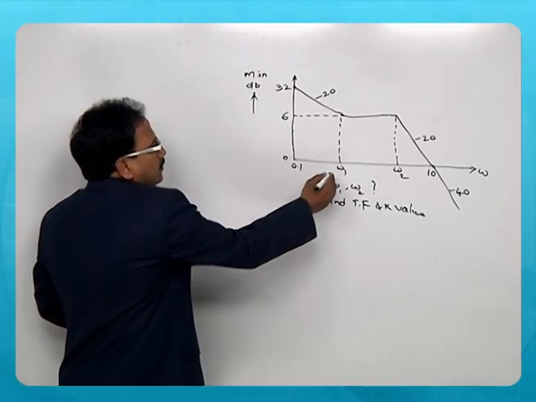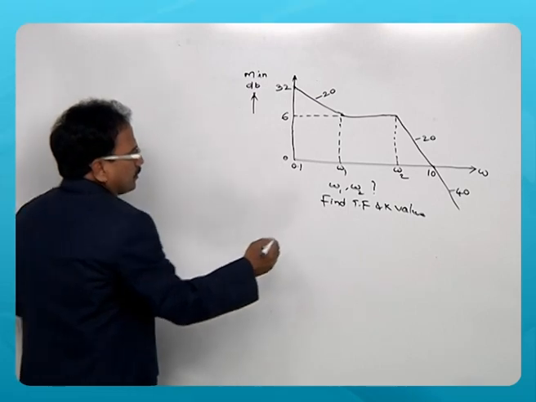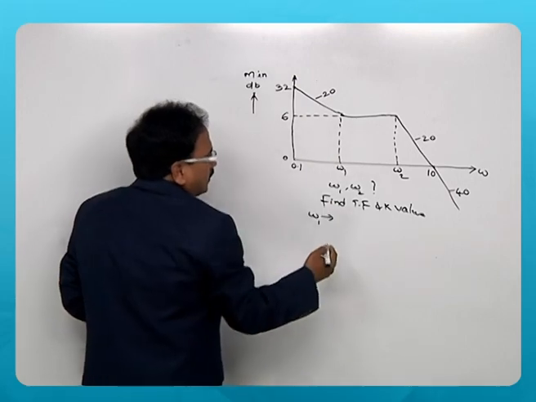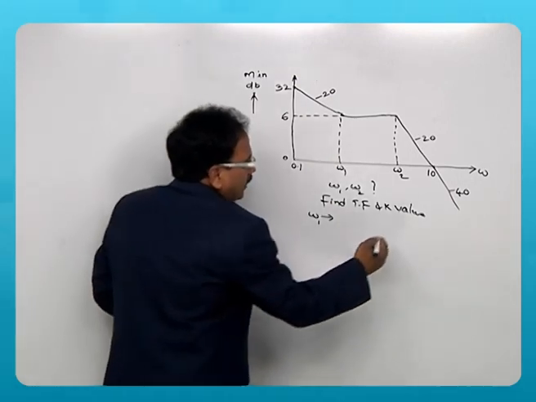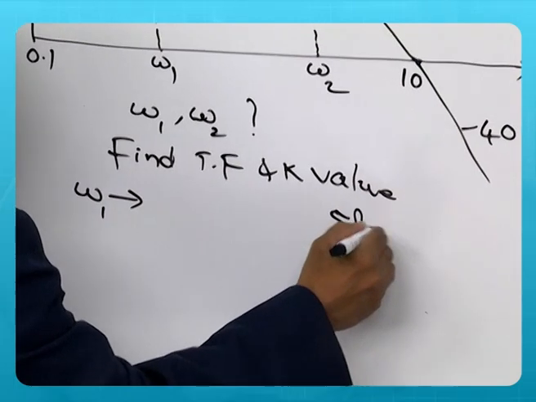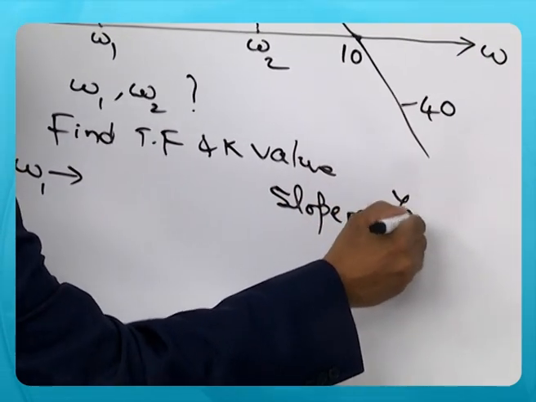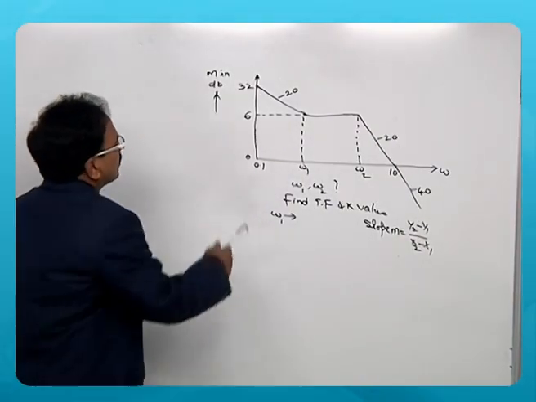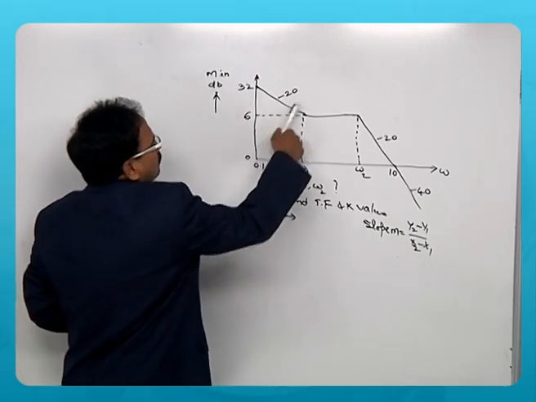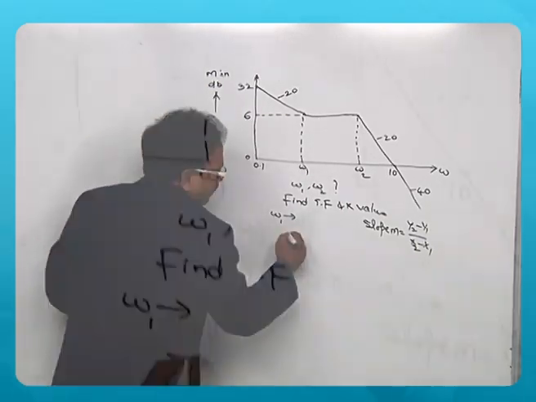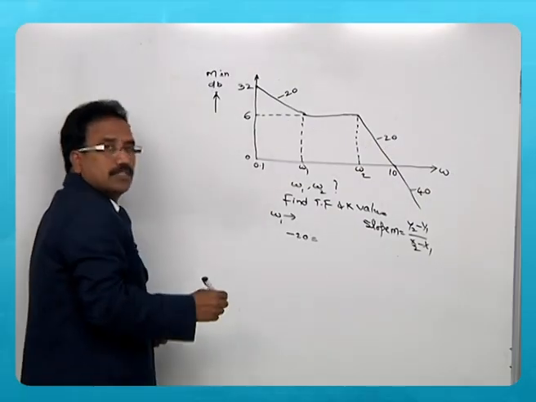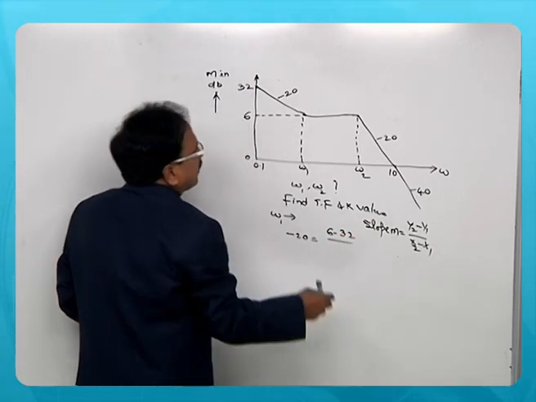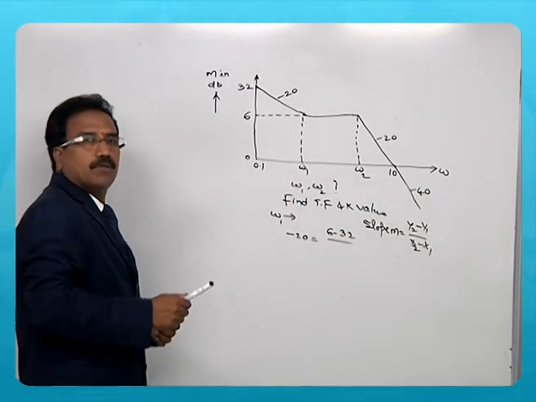In order to determine the value of omega 1, the corner frequency, you can use the mathematical expression, as I said, the slope m is equal to y2 minus y1 by x2 minus x1. You can see these coordinates: minus 20 is the slope, and that is equal to the y coordinates 6 minus 32, over the x coordinates omega 1 and 0.1.